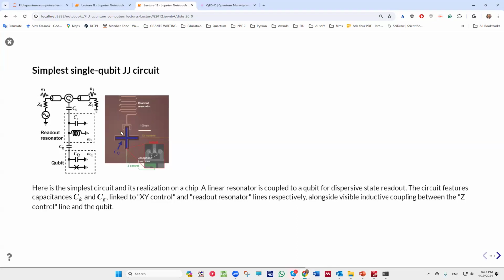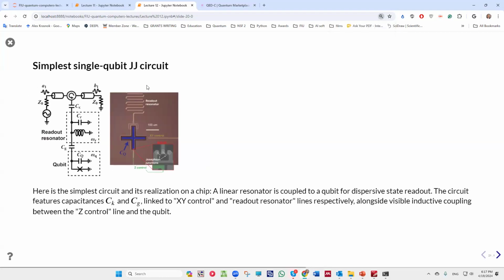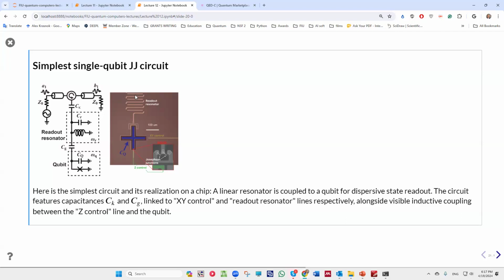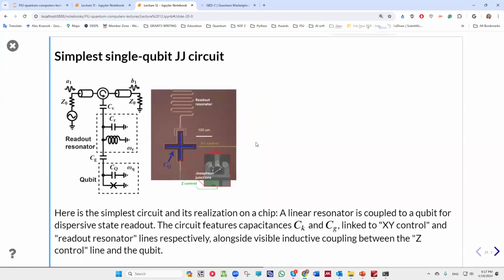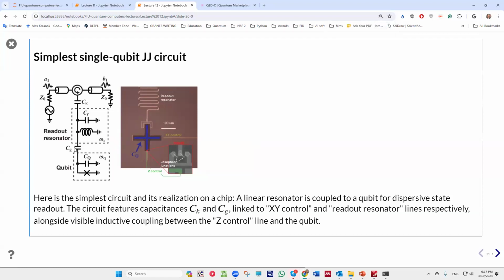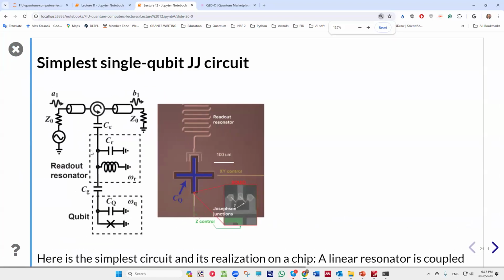Let us consider now the simplest single qubit Josephson junction circuit. So JJ stands for Josephson junction. So here on the left, we can see the circuit of the real structure demonstrated on the right. I took this picture from a review article. I put the reference in the reference list.